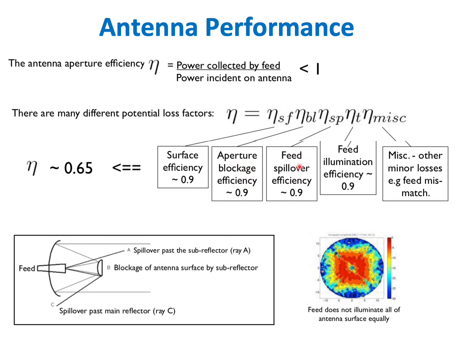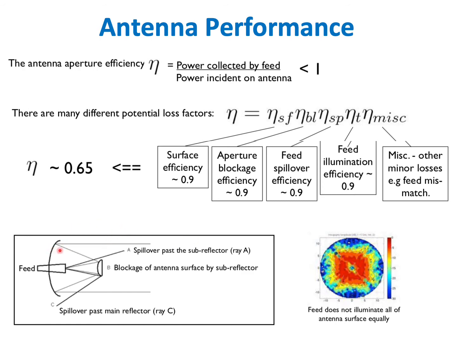You also have feed spillover, where light hitting the edge of your main reflecting surface bounces past the feed instead of into the feed. Then there's feed illumination efficiency, which is how much of the dish your feed can see. If you look too close to the edge of the dish, you might end up seeing the ground, and the ground is hot, 300 Kelvin, so you'll get a lot of extra unwanted radiation, increasing your system noise, which is bad.